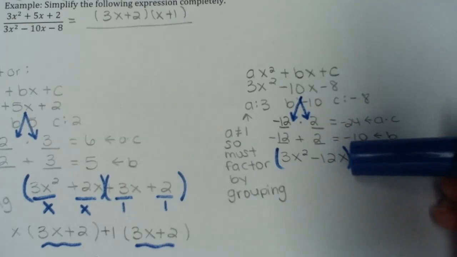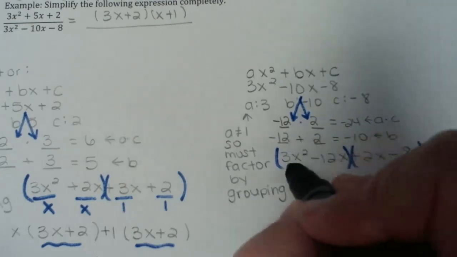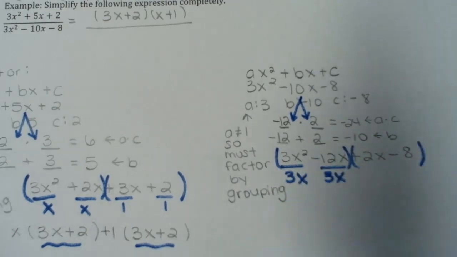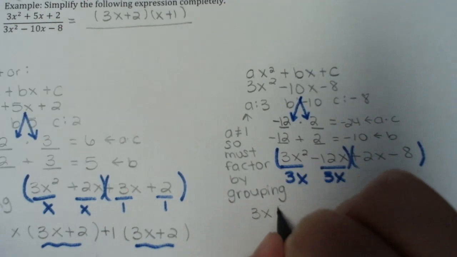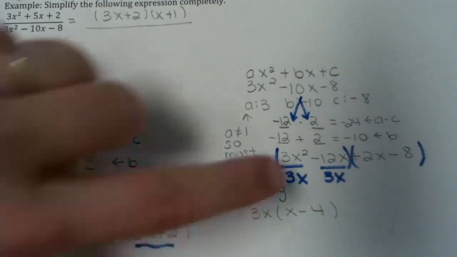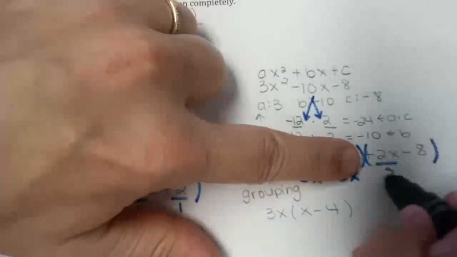Looking at our first 2, 3x squared plus 12x, GCF, they both have a 3 and an x in common, so 3x. So that 3x is coming out front. We're left over with x minus 4. Looking at our next 2 terms, 2x minus 8, GCF, they both have a 2 in common.